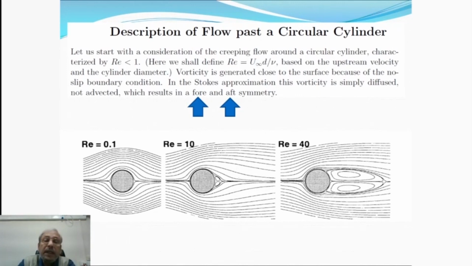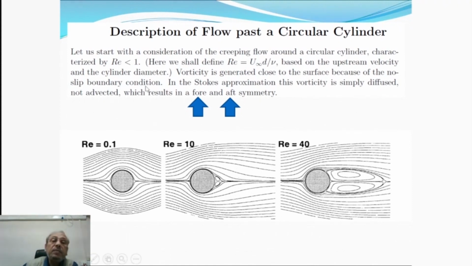Over a circular cylinder, we see all these effects. Now, let us start with a consideration of creeping flow. That means the Reynolds number is very small, 1 or less than 1, around a cylinder.